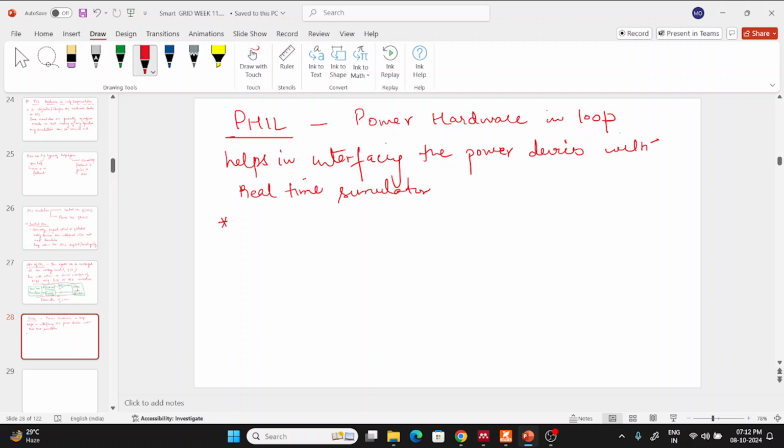So what happens here is power devices like, for example, motors, inverters, generators, and transformers. Okay.